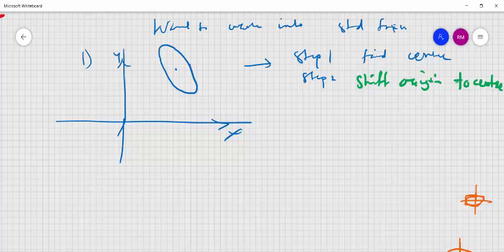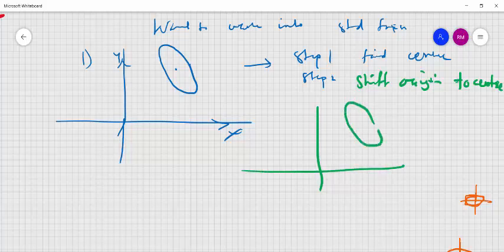It means this xy will be transferred to this center. Suppose this is the center. So we get a new x-axis. This is the new x-axis, new y-axis. What is the next step? This we already did here.